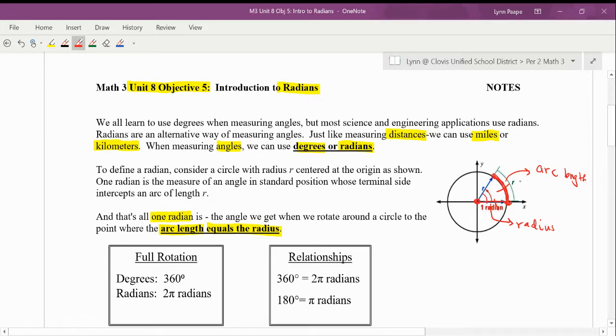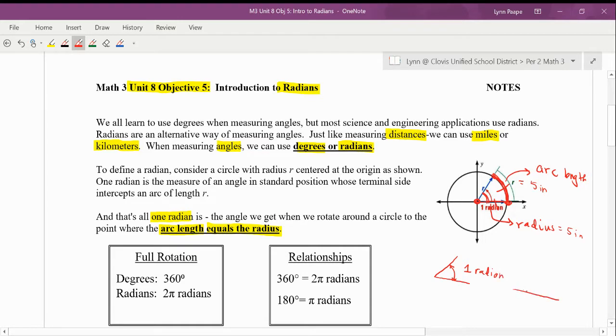For example, if this arc length was 5 inches, and this radius was also 5 inches, they are going to be equal in length when it opens up this span of this angle as 1 radian. So 1 radian is about this size. That's my best guess for what 1 radian looks like. That is quite large compared to 1 degree.